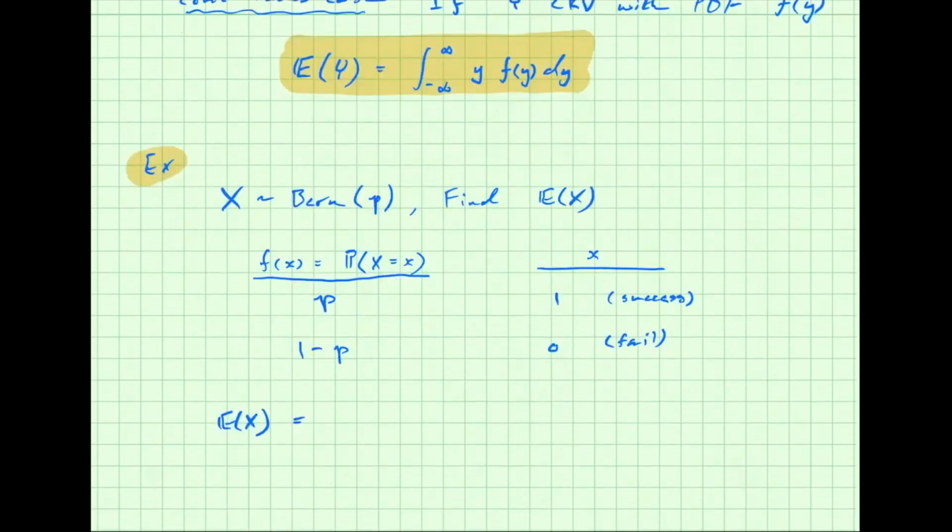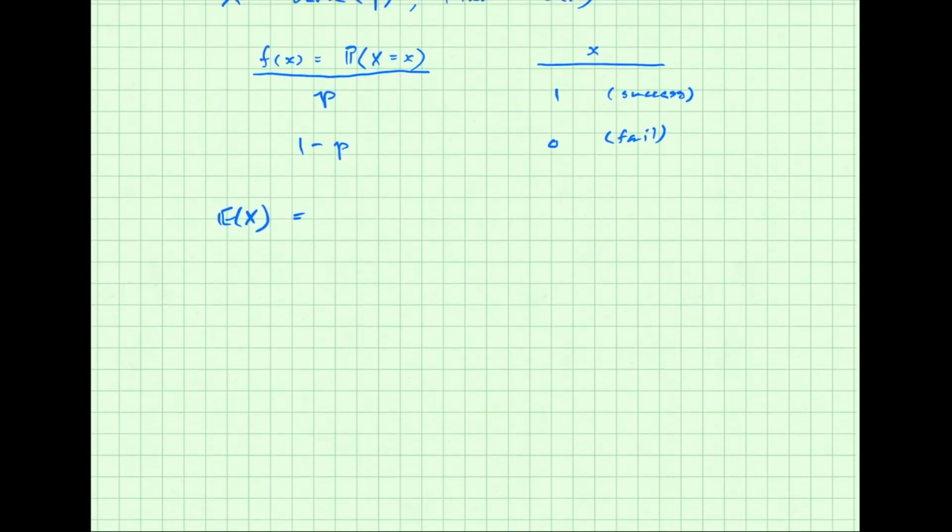Then you go to the next term: the value 0 times the probability of that value, 1 minus p. Of course, that whole term is 0 because it's multiplied by 0. And so this is just equal to p.